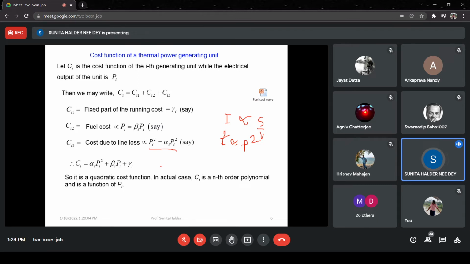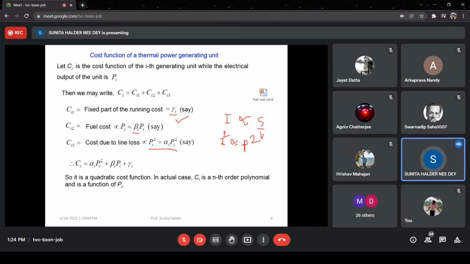Now this gamma_i, beta_i, alpha_i are all proportionality constants, and they will depend on the characteristics of the generator, right? The fixed part may depend on how the generator has been maintained, but the proportionality constant of the variable part will depend on the characteristics of the generator.